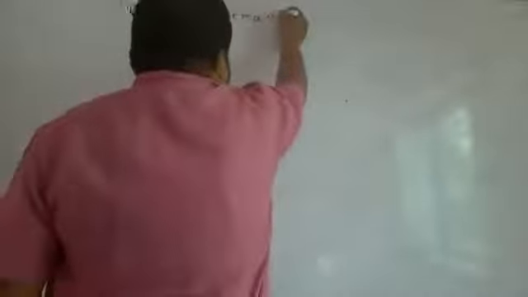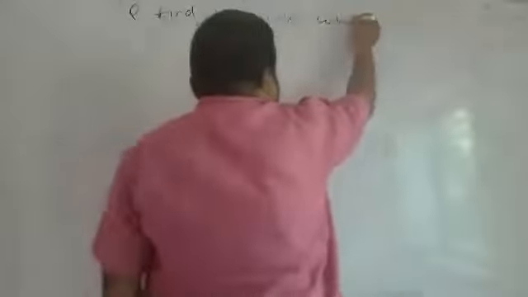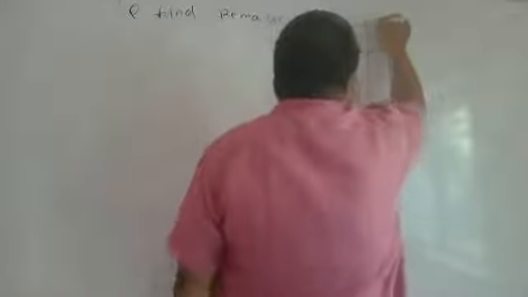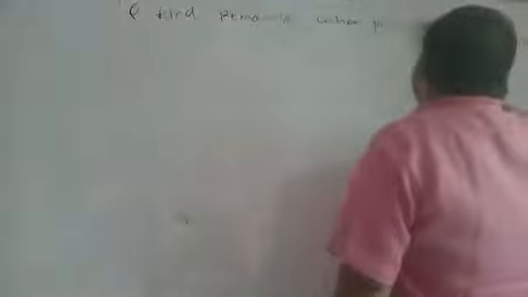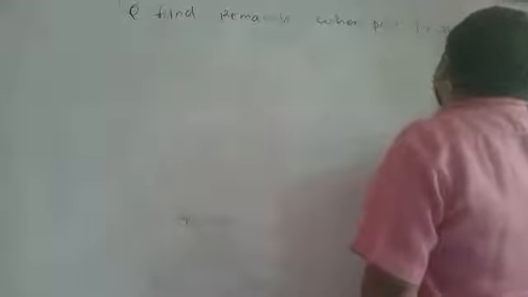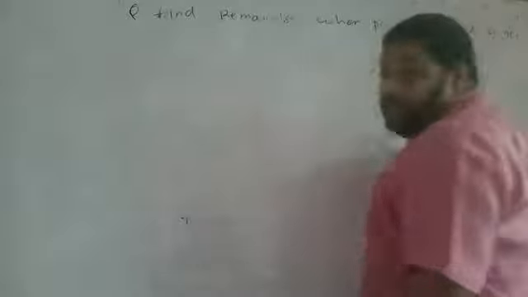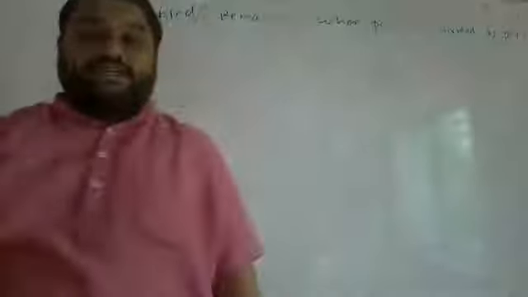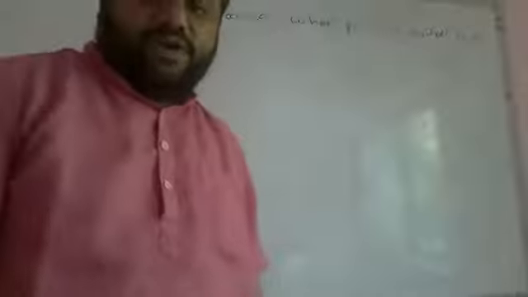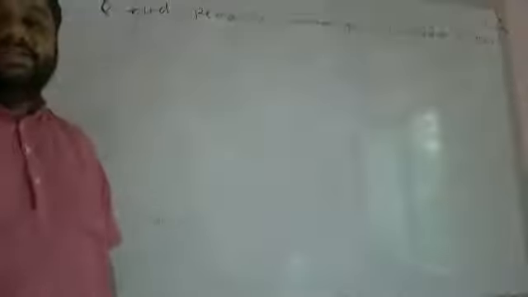Write down the question. Find the remainder when P of x is divided by g of x.